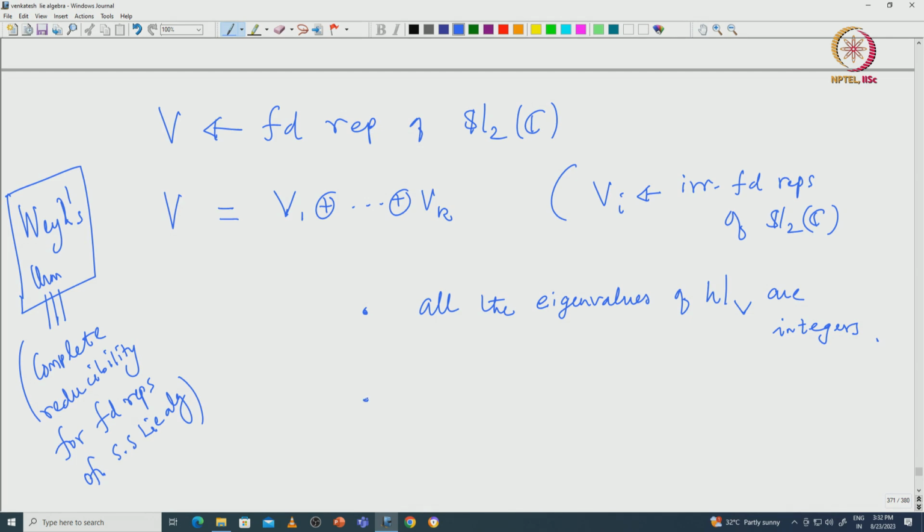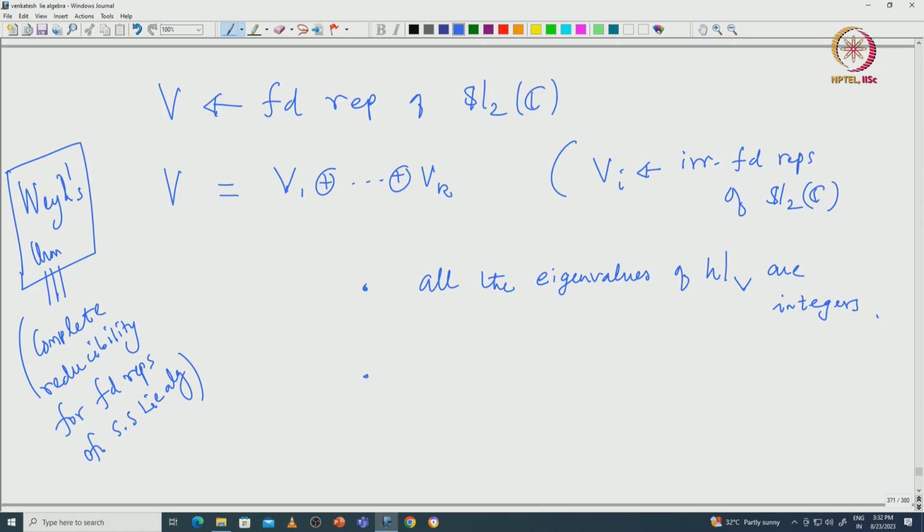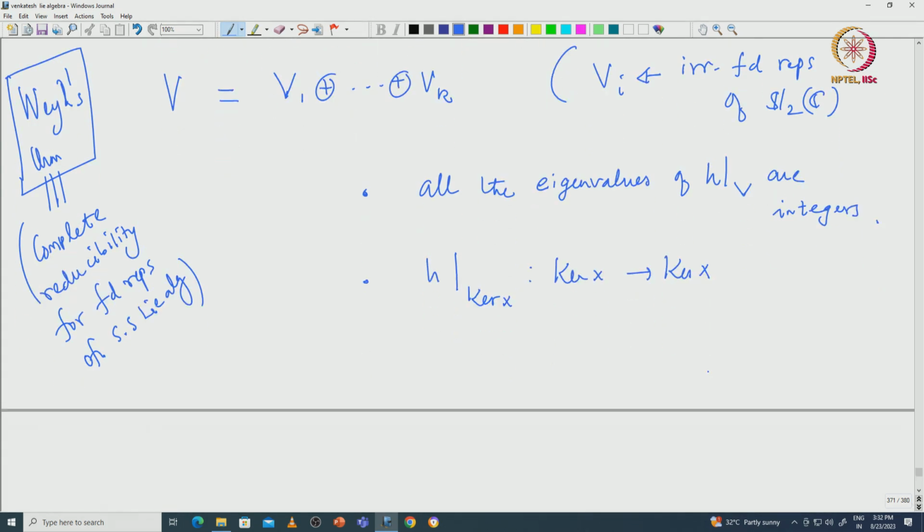Not only that, if we take H restricted to kernel X, which will map kernel X to kernel X, then these maximal vectors that generate the individual V1 etc. Vk all lie inside kernel X, and they form a basis for kernel X. That is something we have seen in the proof of complete reducibility.